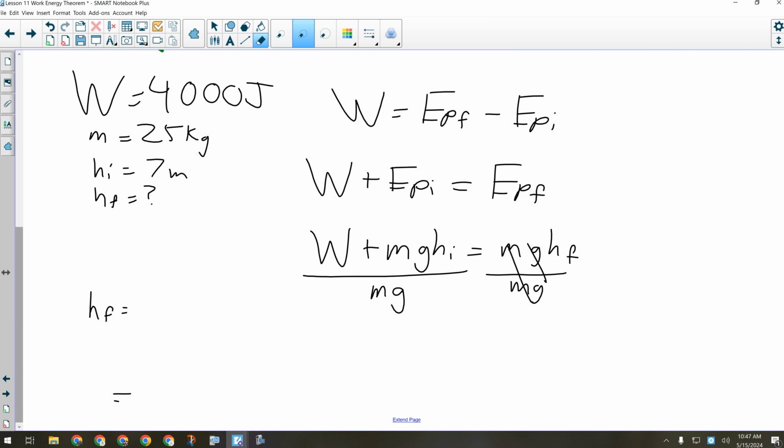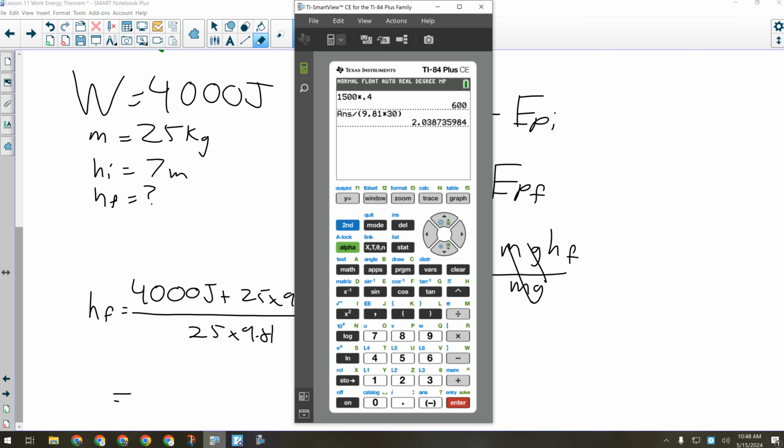So final height is going to be 4,000 joules, that's my work, plus 25 kilograms, my mass, times 9.81, the acceleration due to gravity, times 7, the initial height. Divide all that by 25 times 9.81. Now if I punch all that into my calculator, let's see what we get.